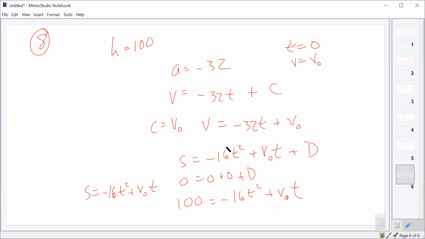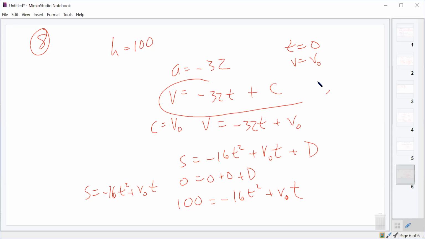So what are we going to do? We got to go back to this equation somehow.